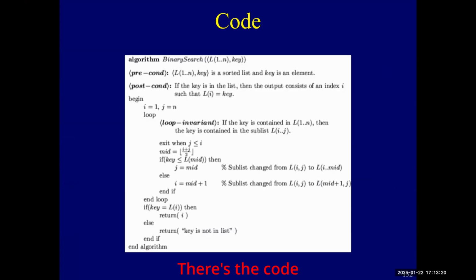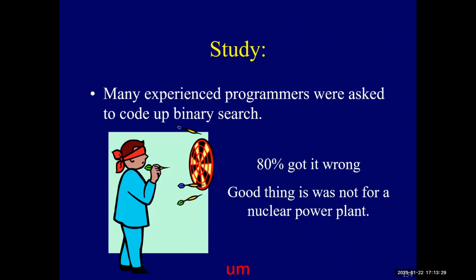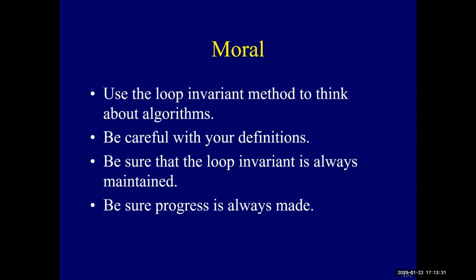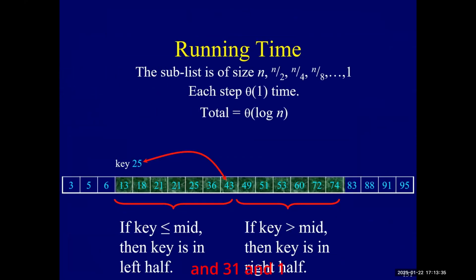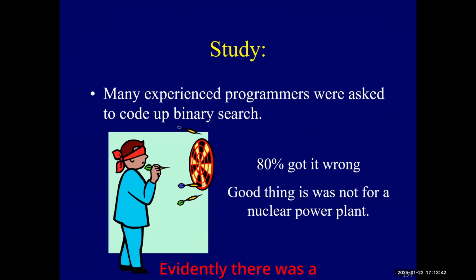There's the code. Should we go through the code? I don't like code. So in 1090 and 3101, we go through all different subtle ways in which you could get this code wrong. Evidently, there was a study when I was first in '82. I was at Waterloo. That's when it started. What was everybody doing in computers?